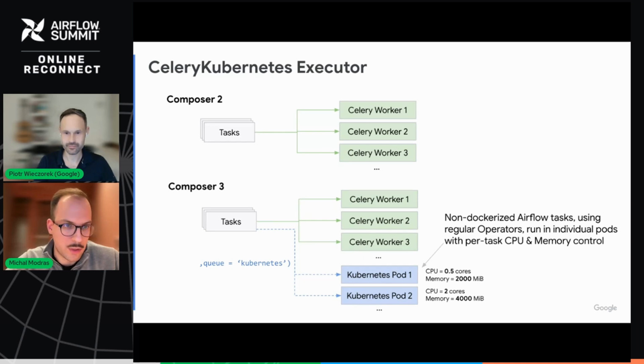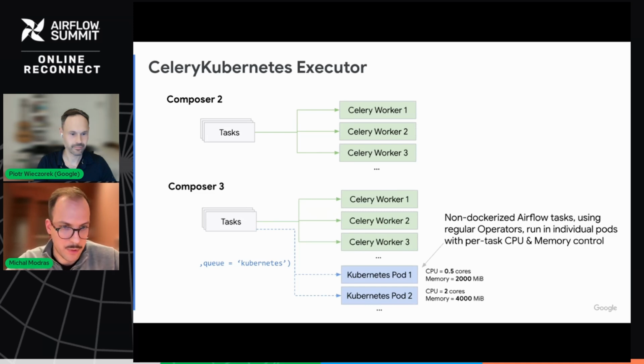But if you're more concerned about any noisy neighbor effects from tasks running on the same worker, or if you have some special needs for your task, like for example, you want to have dedicated resources set up, you can now use Kubernetes Executor, which means that for each task, there is going to be a dedicated Kubernetes pod scheduled in the cluster hosting your Airflow deployment in Cloud Composer.